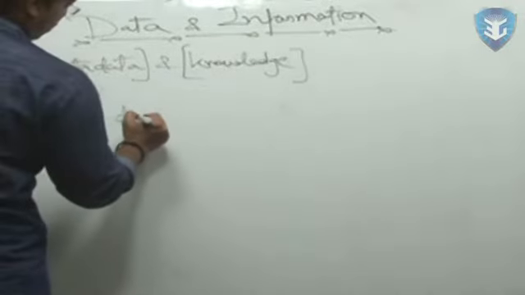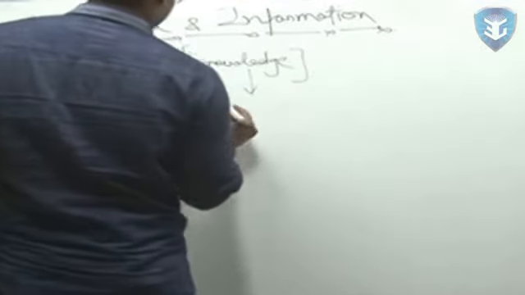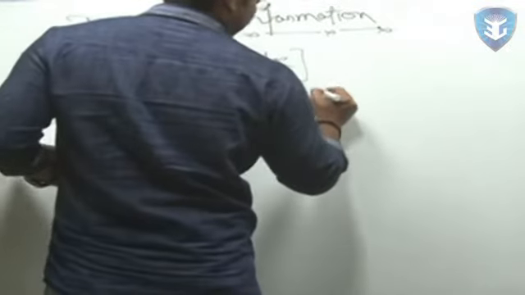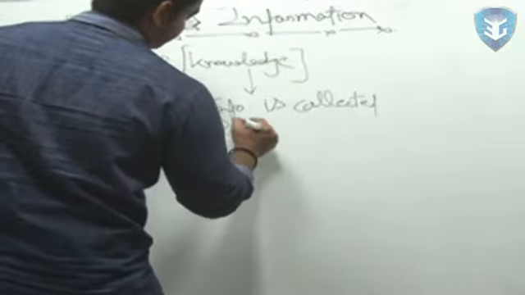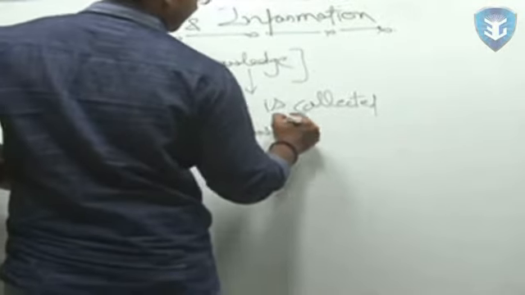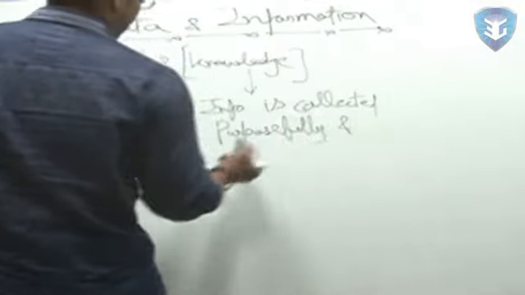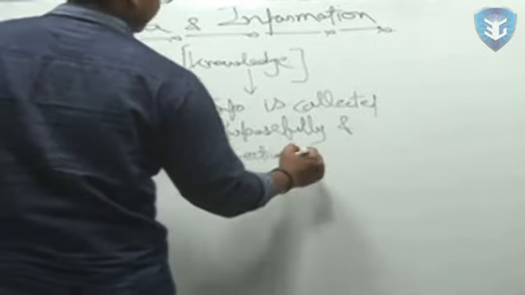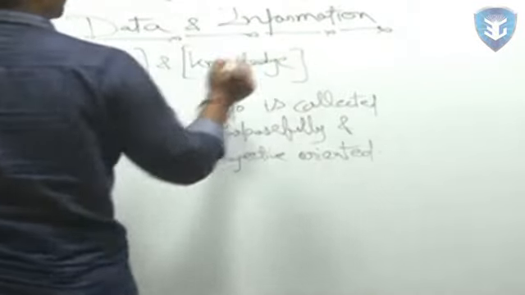A set of data is called metadata, and when the information is collected purposefully and objective oriented, then it is called knowledge.